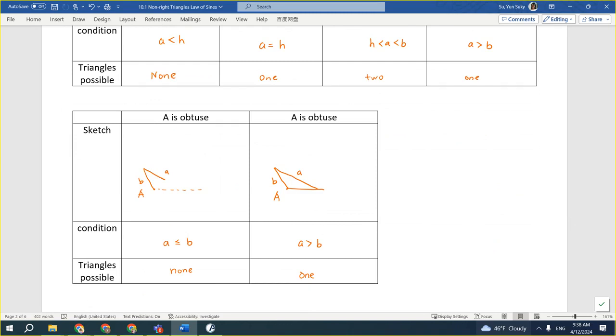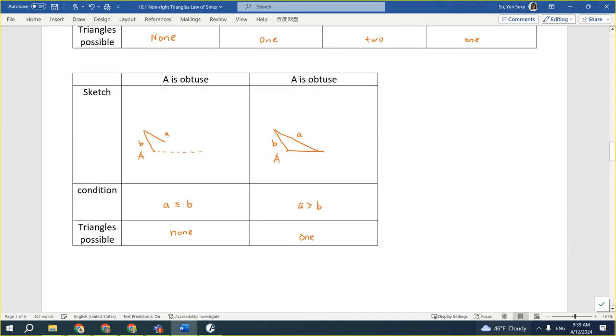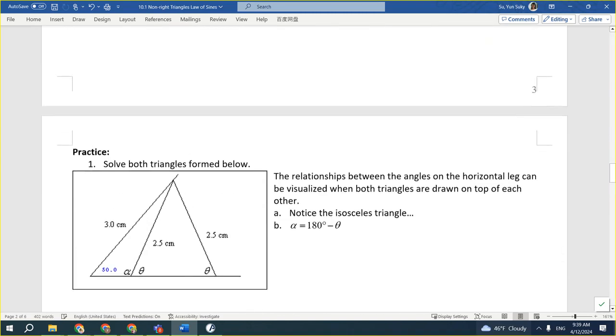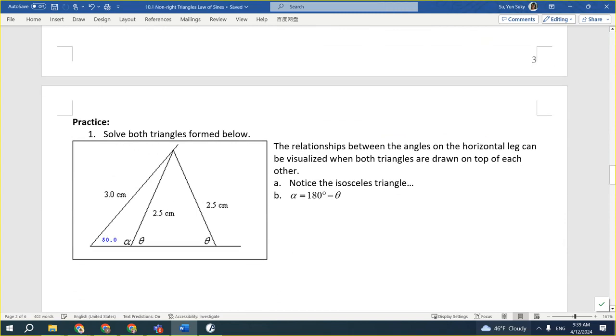You have to have A bigger than B. Then you can have one triangle like that. So these are all the possibilities. And usually how do you solve examples? Draw a picture. Or maybe the picture will be given.